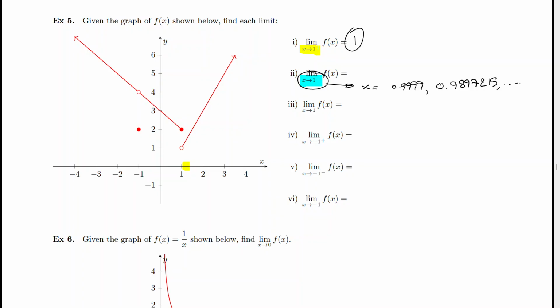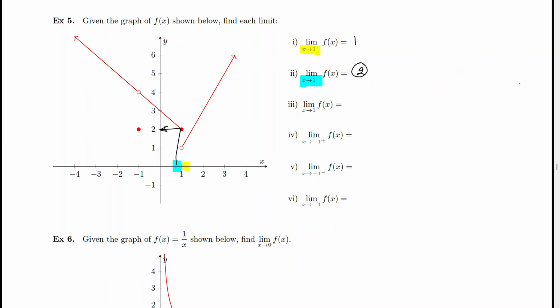They cannot be equal to 1 because this is a limit problem, but they're smaller than 1. And so we want to know, if I pick one of those guys, what's the y-coordinate going to be? So to find a y-coordinate, I go up until I find a curve. Once I find a curve, I stop and I turn to the y-axis. And it seems like the y-coordinate there should be simply 2. Okay, so that's the end of that one. And let's continue to the next one.